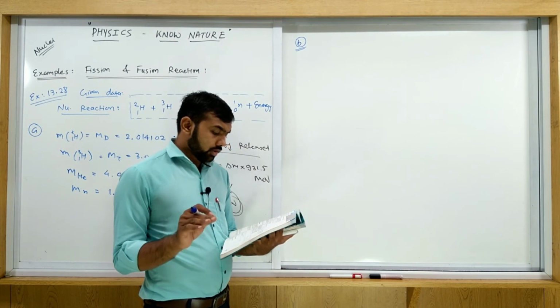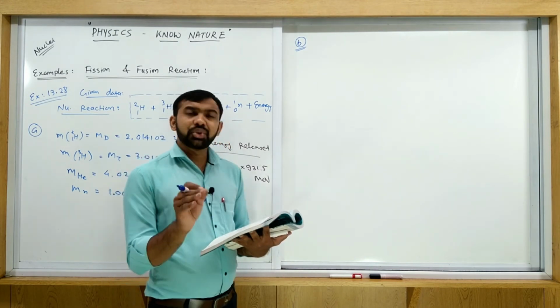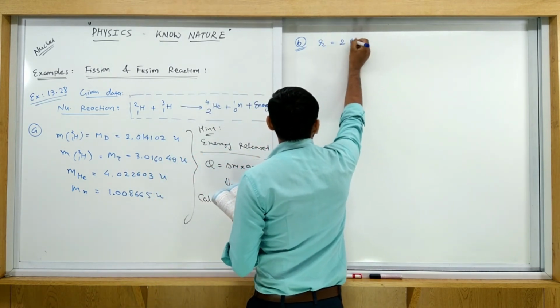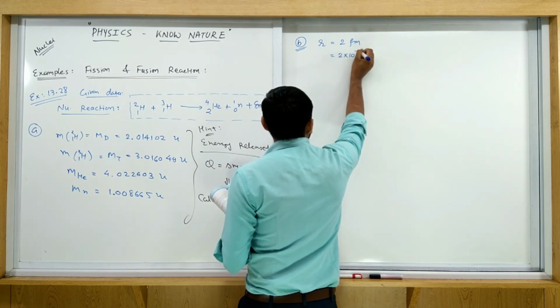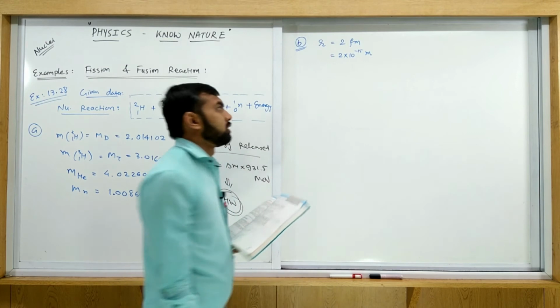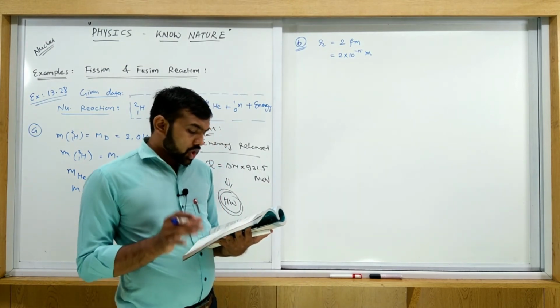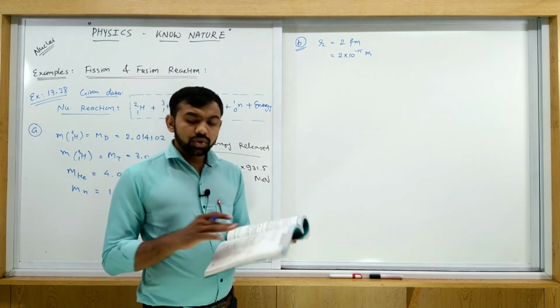Consider the radius of both deuterium and tritium to be approximately 2 femtometer. So the radius of both is 2 femtometer. Convert it to meters: 2 into 10 raised to minus 15 meter, which is given here. What is the kinetic energy needed to overcome the Coulomb repulsive force between the two nuclei?